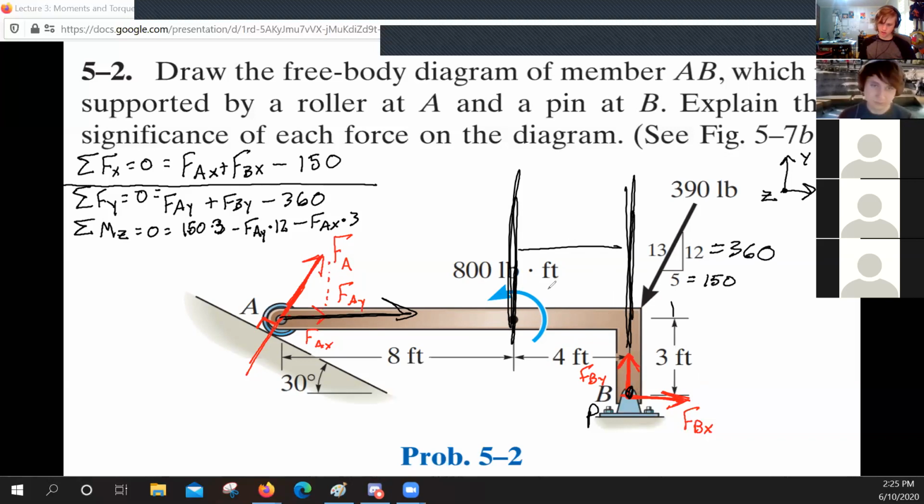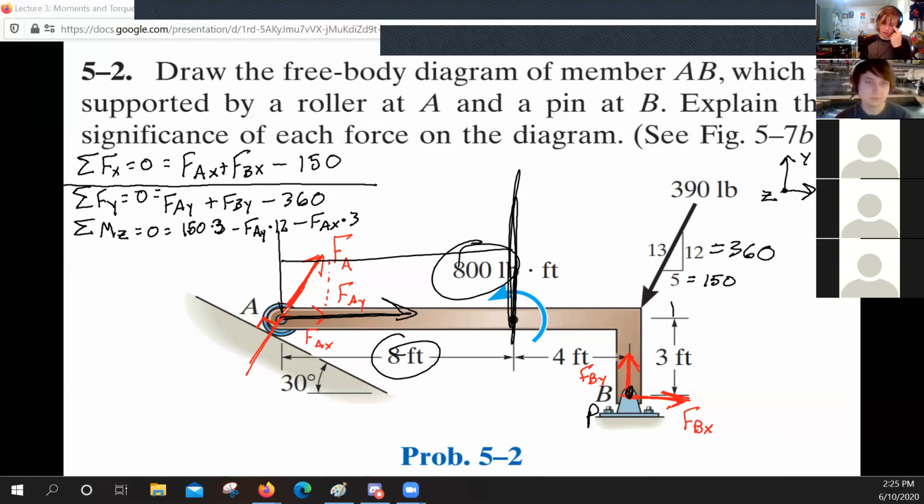I'm actually not going to apply it there, I'm going to apply it over here. Because this is 8 feet and this is 800, we can reapply that as a force over here. I know that's right. Basically, 8 feet here is our distance, and 800 foot-pounds is our moment. So instead of this moment here, we can convert it into a force and then reapply it at our pivot point.